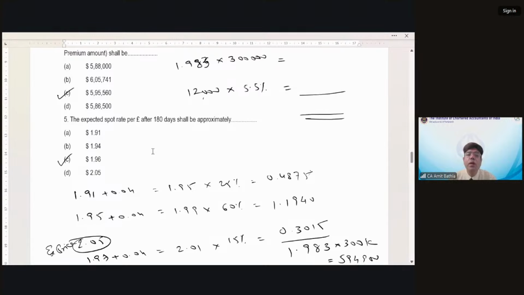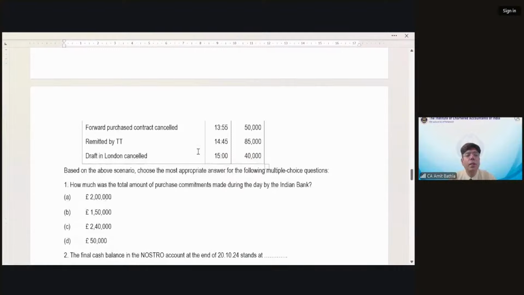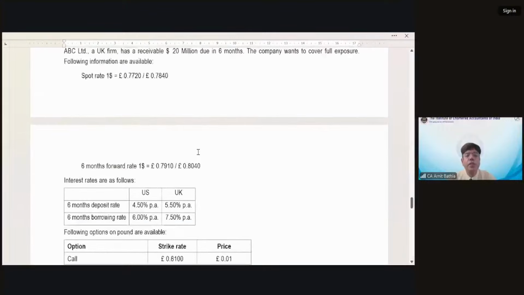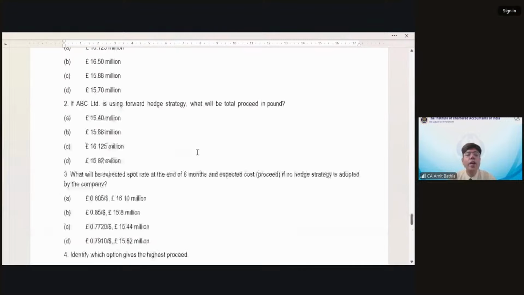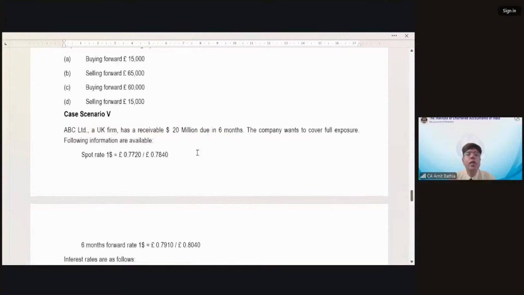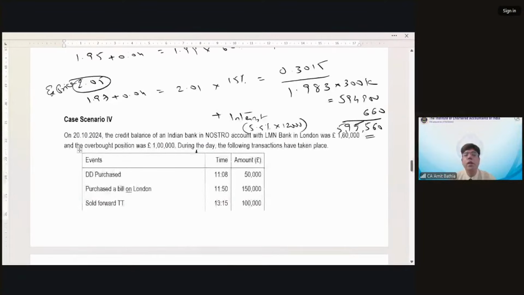So with that, we have tried to cover maximum part of our chapter, foreign exchange exposure and risk management, right? You have a couple of other simple questions also, which is being shared with you. Try solving that, right? I will share the answers also later on so that it can be shared with all of you on the system.